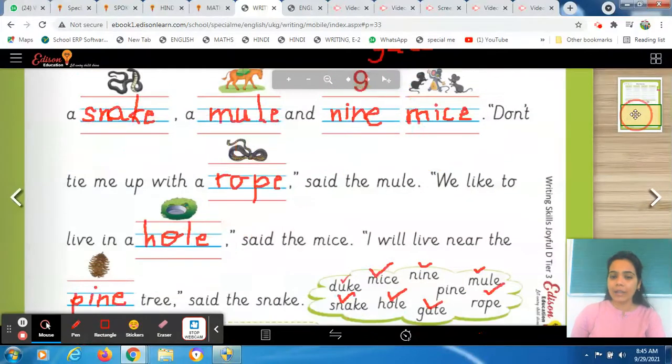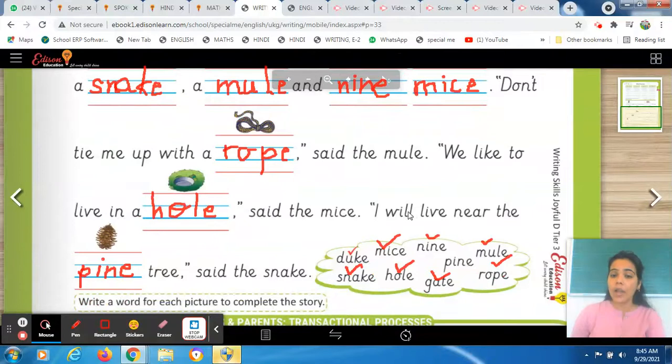Then the next sentence is I will live near the pine tree. Who will live near the pine tree? Said the snake. So the snake said, I will live near the pine tree. मैं कहाँ रहता हूँ? Pine tree के बिल्कुल near by रहता हूँ.